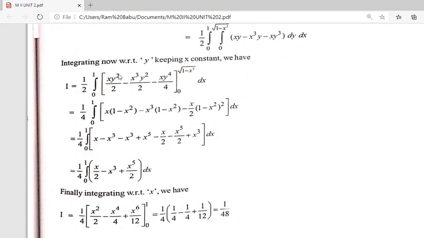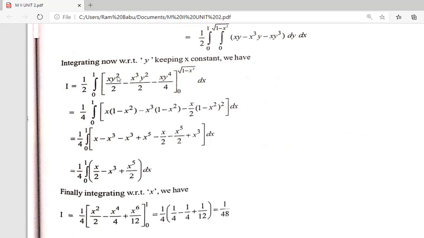Now integrating with respect to y, keeping x as constant, we have the integral value of xy is x into y square by 2, minus x cube into y square by 2, minus x into y power of 4 by 4. Limits are 0 to root of 1 minus x square. Now let us replace y with root of 1 minus x square.